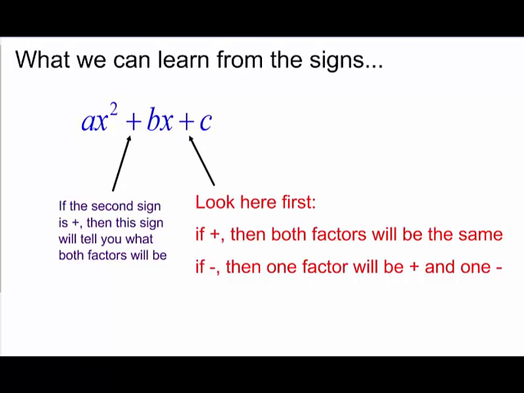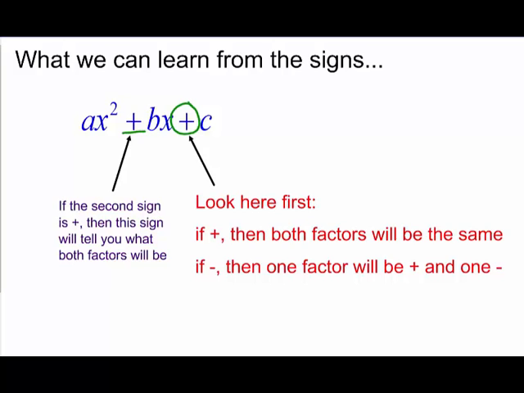When factoring, the first thing you're going to want to look at is the sign that is in front of your C value. If that sign is a plus, we know that both of the factors will be the same. In order to then find out what both factors would be, we would look at the first sign.